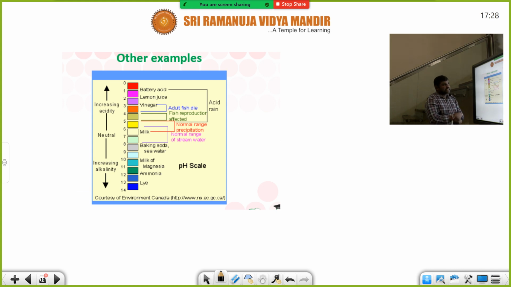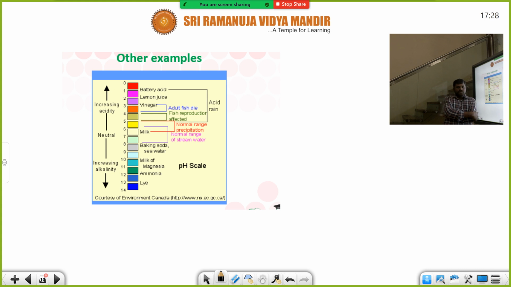Other examples: battery. You know very well about batteries. Batteries use sulfuric acid: lead storage batteries, car batteries, and so on.